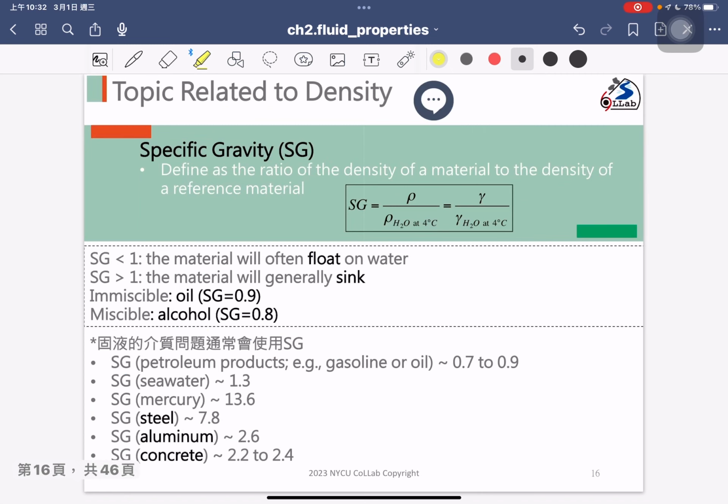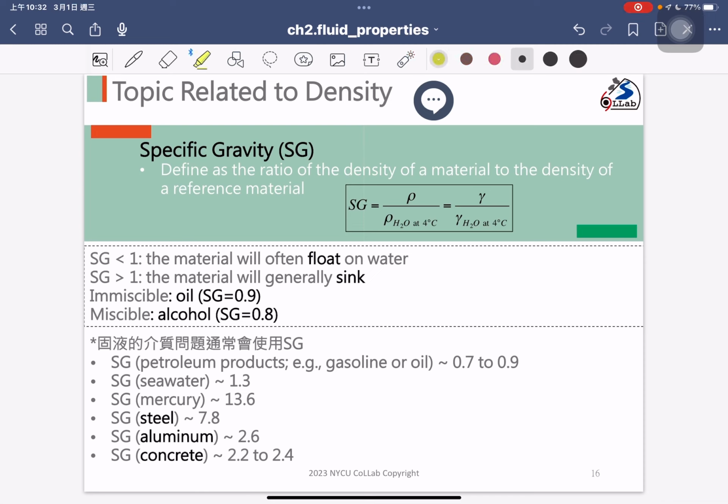Okay, then in the following slides, I will show some topics related to the density. The first one is the definition of the specific gravity. The specific gravity is defined as the ratio of the density of the material to the density of the reference material. So the most important thing is what the reference material is when we compute the specific gravity.